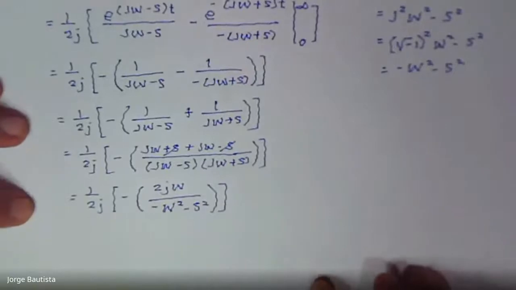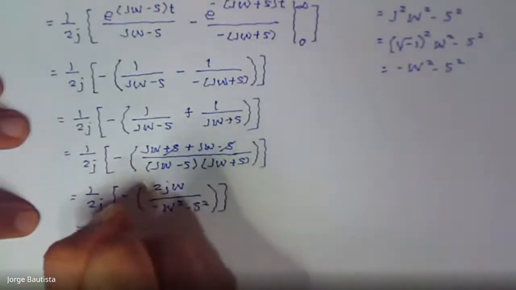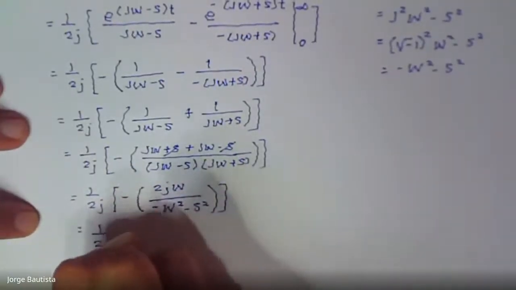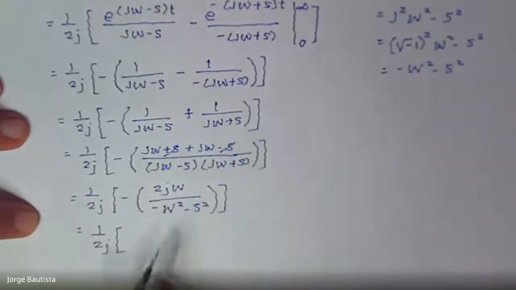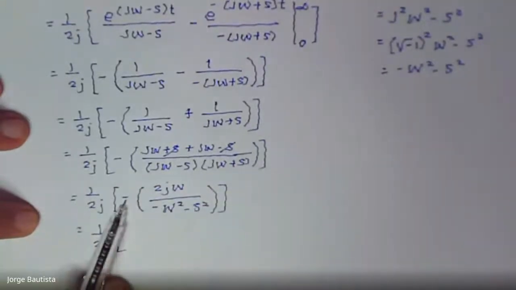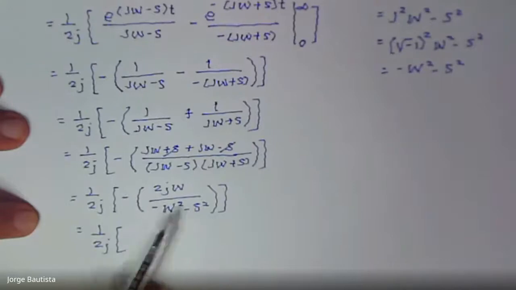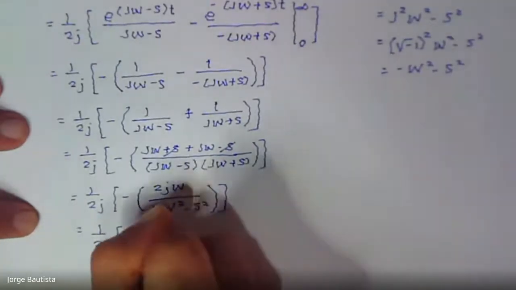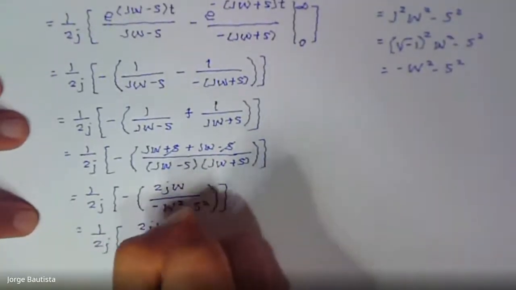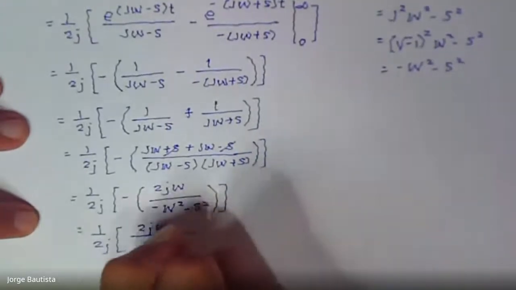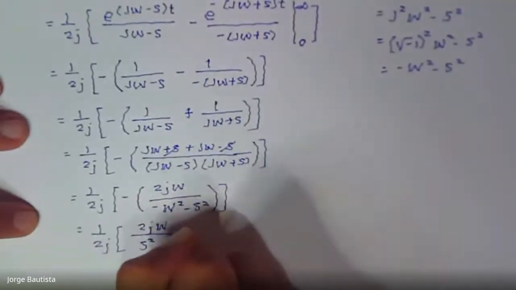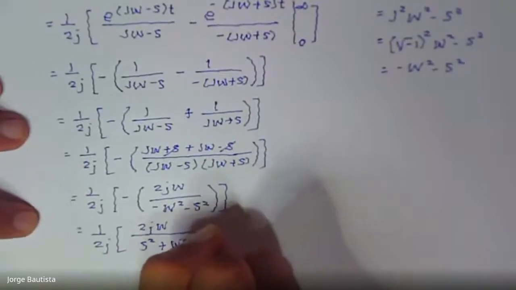Okay? Next. So, 1 over 2j. Tanggalin na natin yung minus na yan. Pag tinanggal mo yung negative na yan, ito magiging positive. So, we have 2j omega all over s squared plus omega squared.